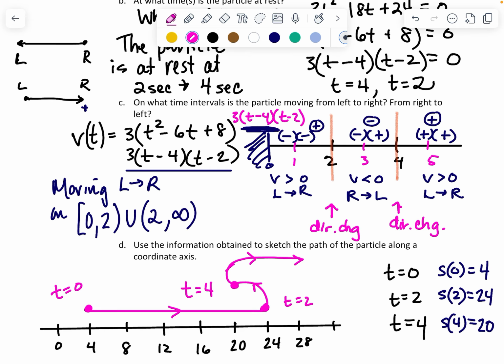So t is equal to 4, you're at 20, but then it turns back around and it goes off to infinity. Velocity is greater than 0, so it's going out to the right. It's only on this little section here. Put some highlight green here. This little section, the velocity is negative, and it's that right here.